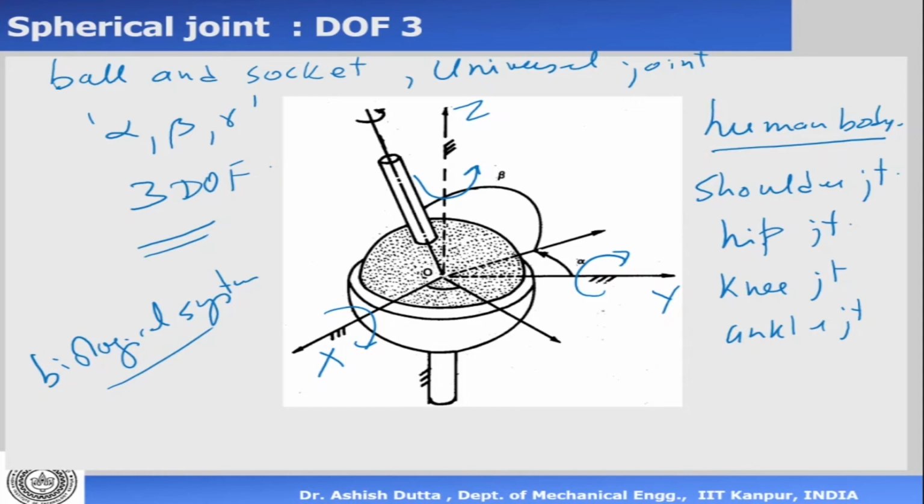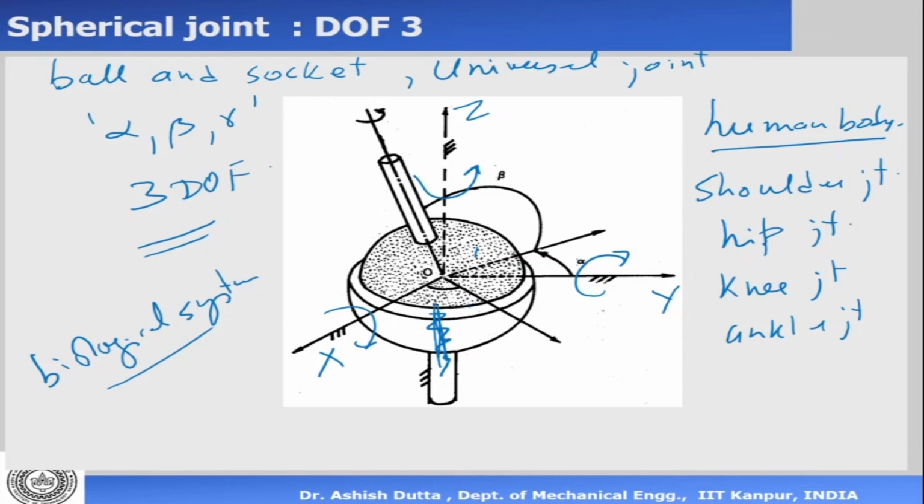You can make it in 2 parts. For example, you cut it from here, make it like 2 cups, and then assemble it and do laser welding. Or you can manufacture it separately and force fit the top part inside. Or you can do rapid prototyping these days. So manufacturing is not difficult. And we have what are called rod end bearings, which are actually ball and socket type bearings or spherical bearings. So making is not a problem. So what is the problem?